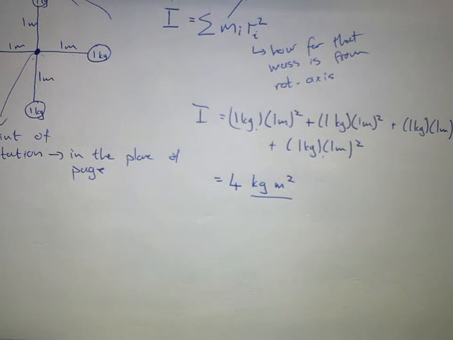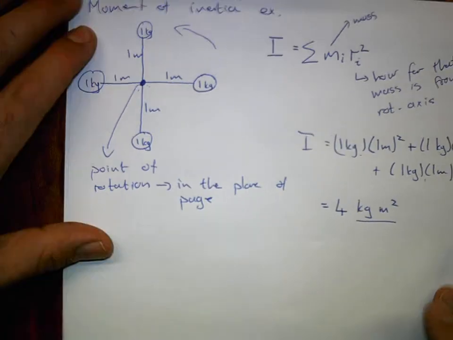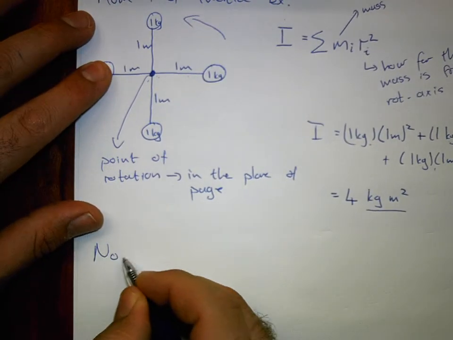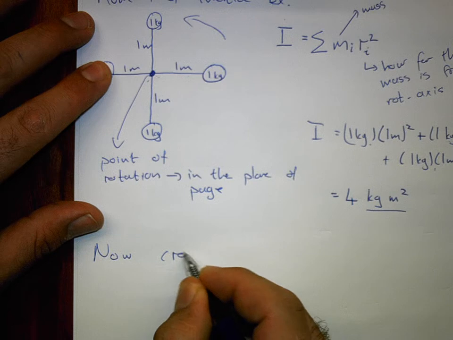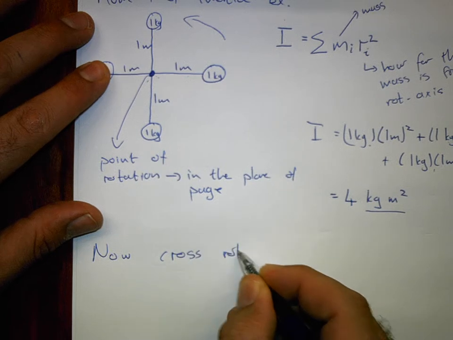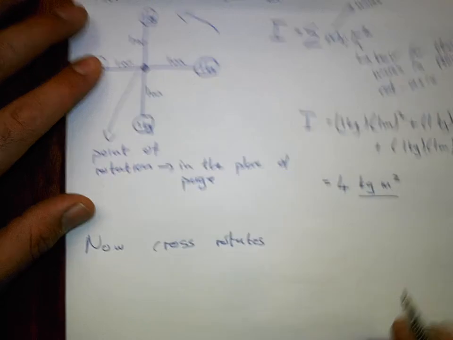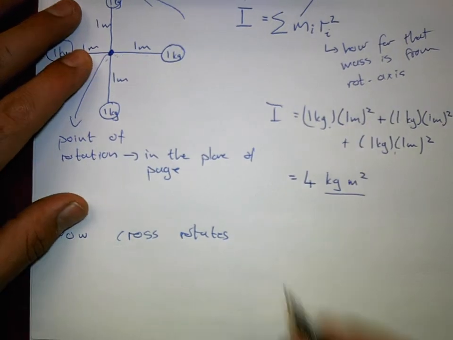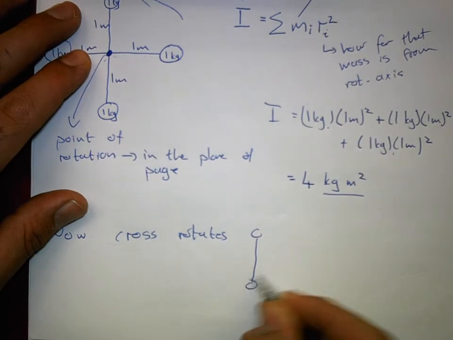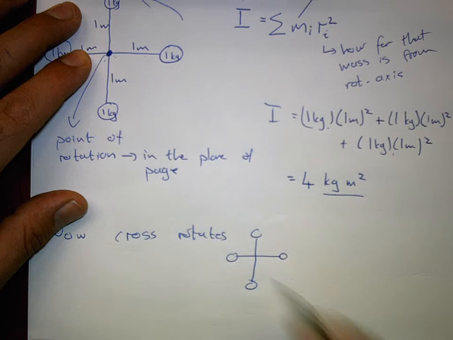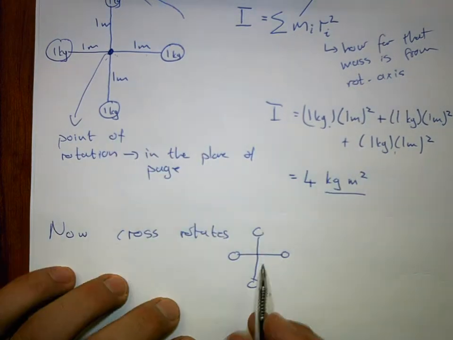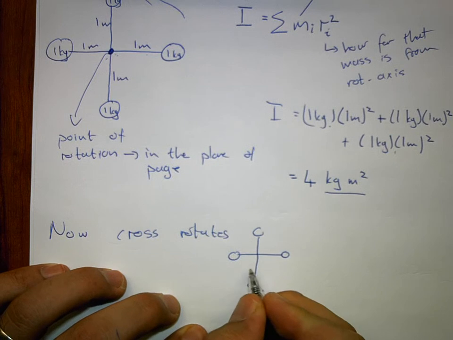But now let's change things a bit. Let's say now the cross rotates in a different way. So if this is our cross, instead of it rotating in this plane like that, it now rotates around its own vertical axis.